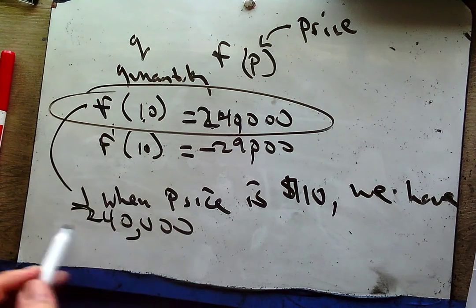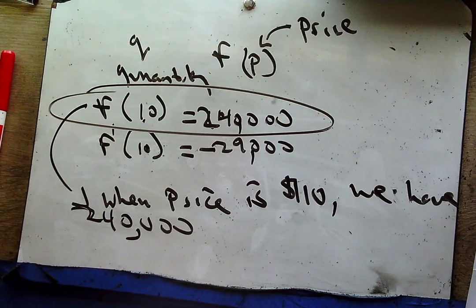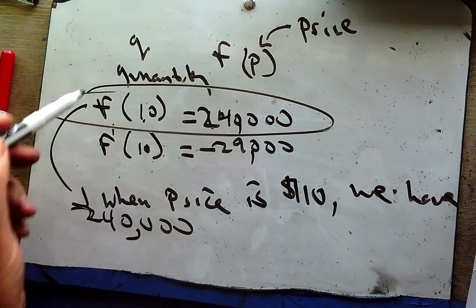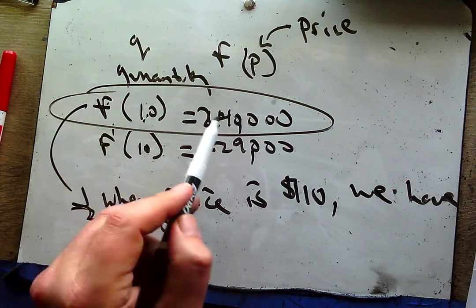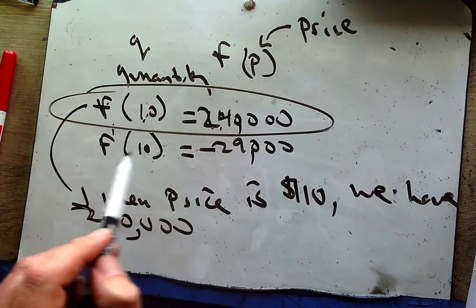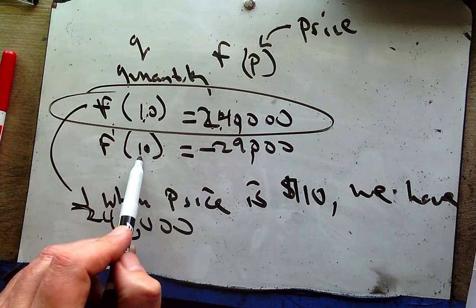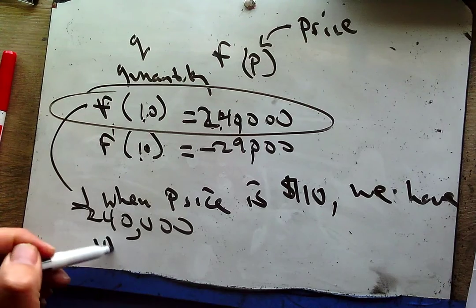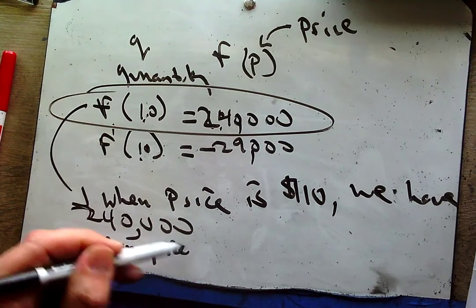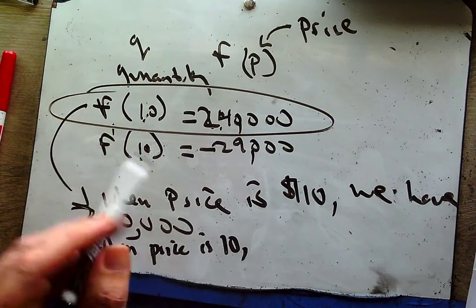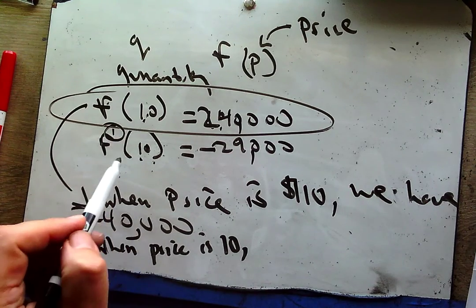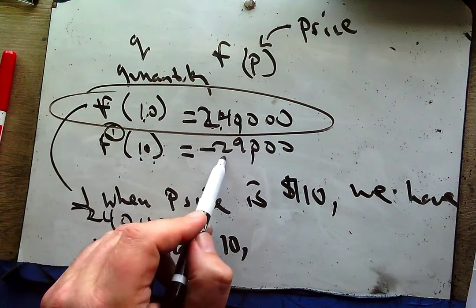We can sell 240,000 of them when the price is 10. That's what this says. When the price is 10, we'll sell 240,000. But this one says, when the price is 10, the change in the number sold is this.